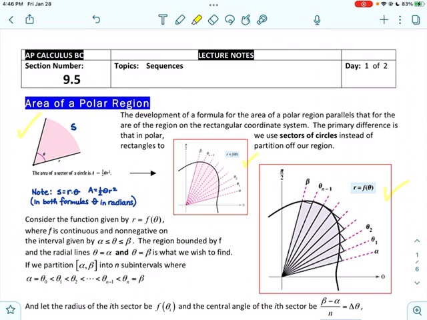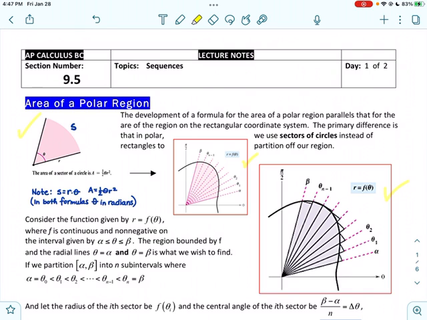Though they are approximations, you might have an overestimate or an underestimate, but nonetheless, you still have an approximation. Once you increase the number of sectors, then you'll have the exact area. We want the number of sectors n to go to infinity.